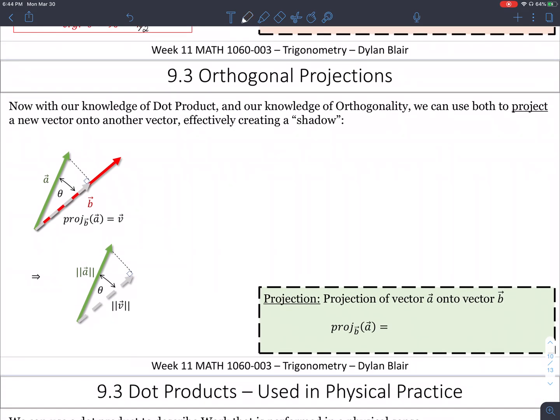Okay, now back down to orthogonal projections. Sorry to get sidetracked. So now that we have a deeper knowledge of dot product and orthogonality, we can use both to project a vector onto a new vector.